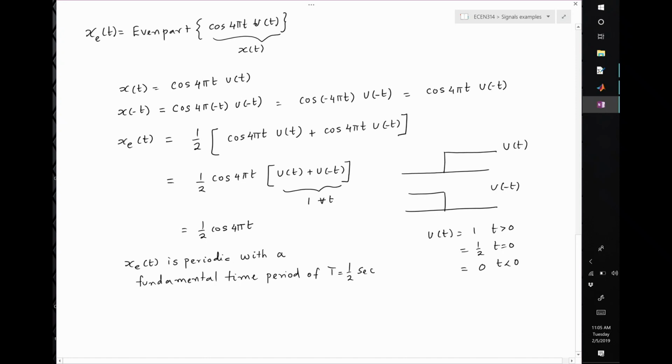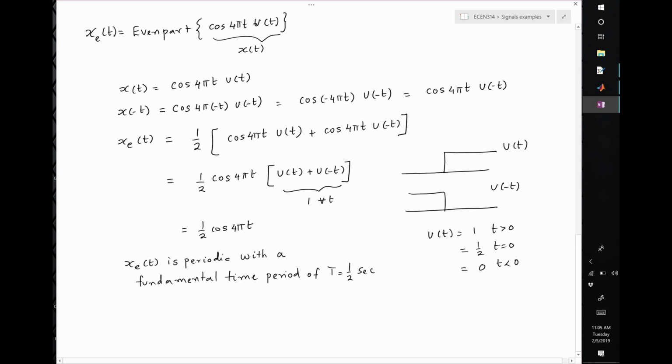And let's think about what u of t plus u of negative t is. So u of t is the unit step function. It's defined to be 1 if t is greater than 0, 1/2 if t is 0, and 0 if t is less than 0. So if I add u of t, which looks like this, to u of negative t, notice that I get 1 for all values of t.